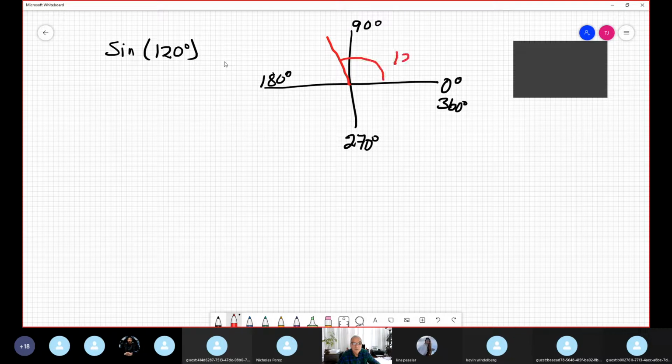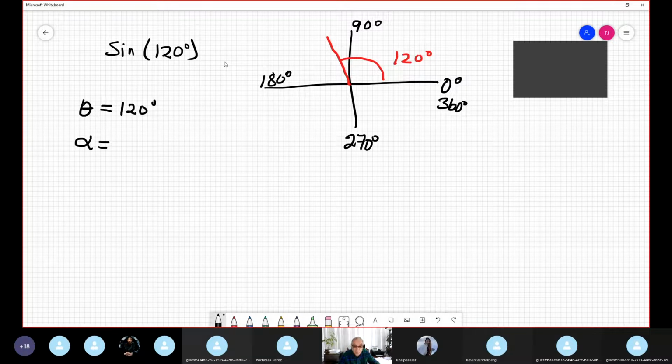Entonces, now this is theta. Theta is 120 degree. Entonces, I only remember the first quadrant. Now I find the reference angle, alpha. Alpha is the reference angle.